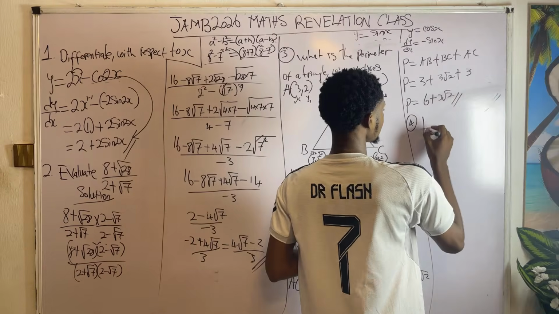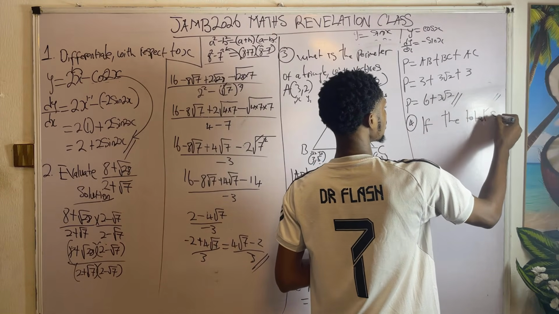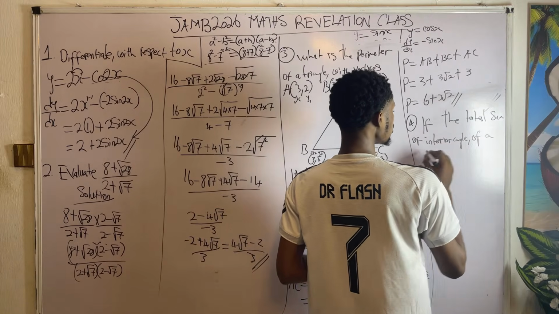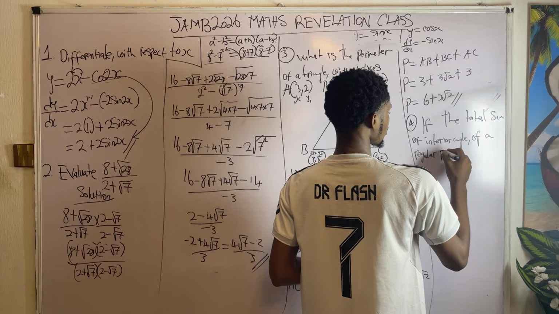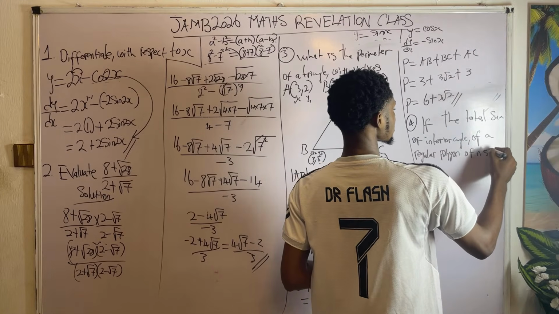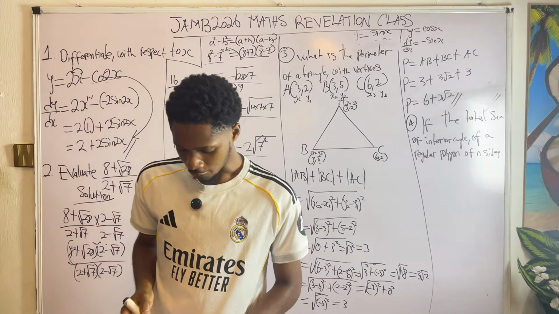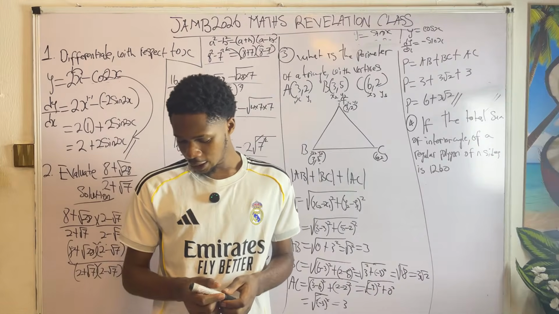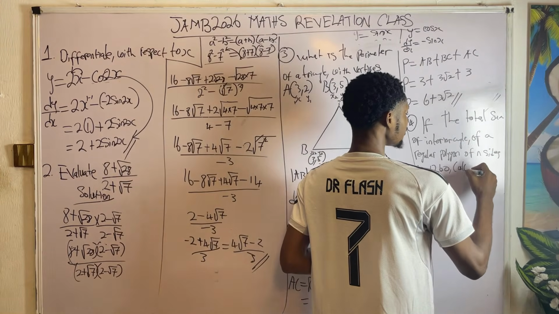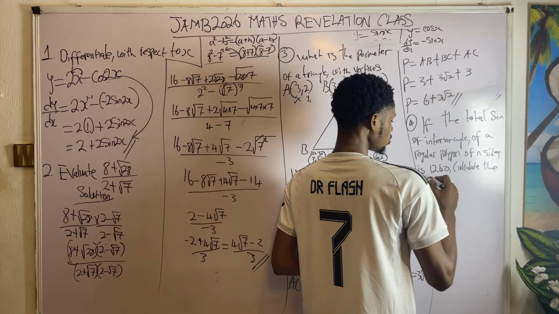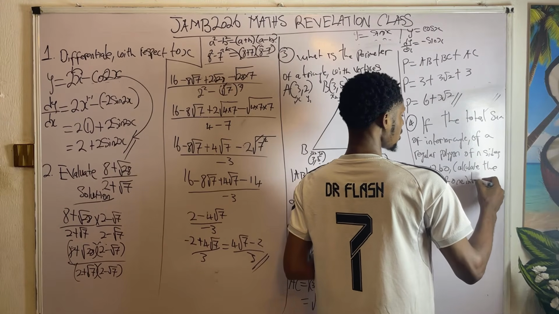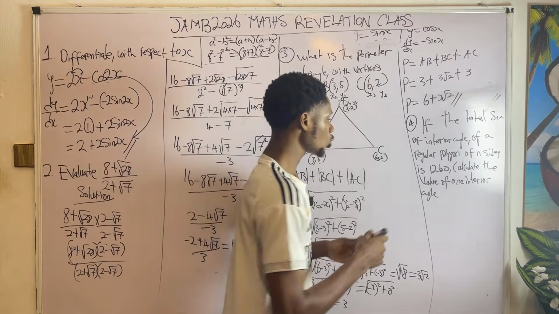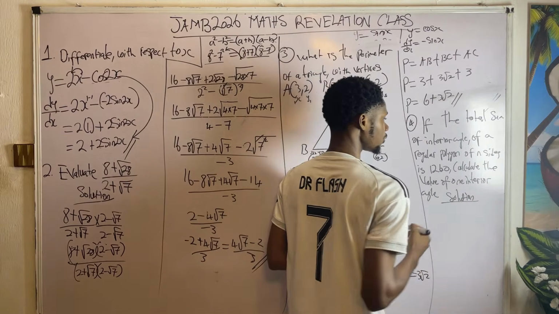If the total sum of interior angle of a regular polygon of n sides is 1260, calculate the value of one interior angle. Solution.